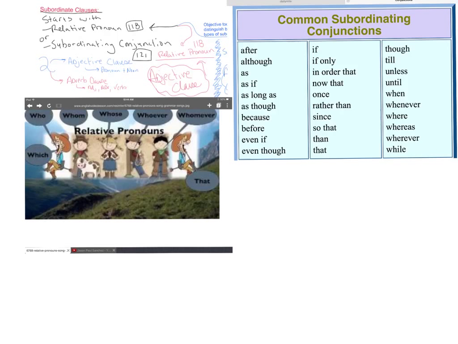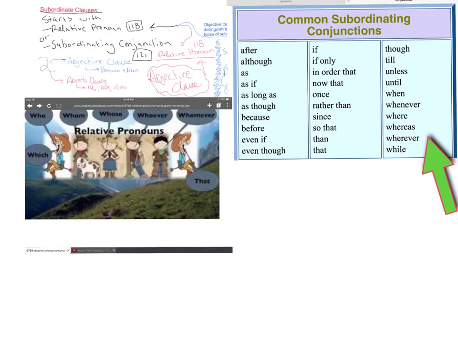Okay, now we've moved everything around, and we've got some different examples here. Notice over here is our list of common subordinating conjunctions. Let's angle that a little better. There. These are all our subordinating conjunctions.